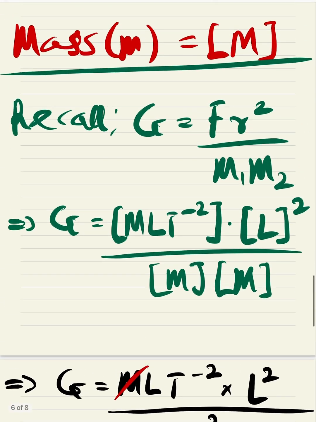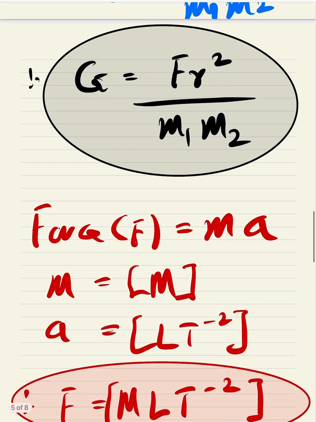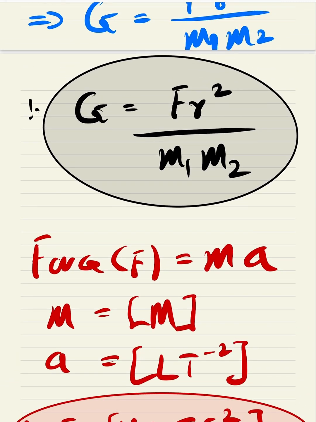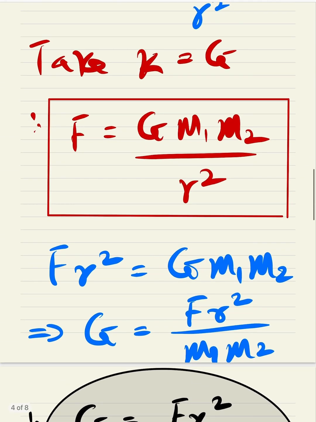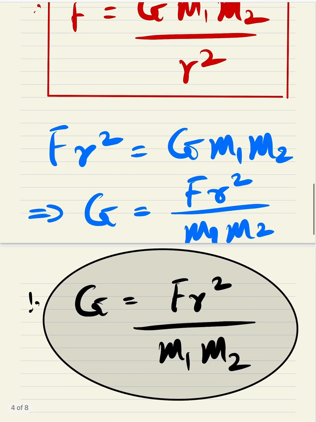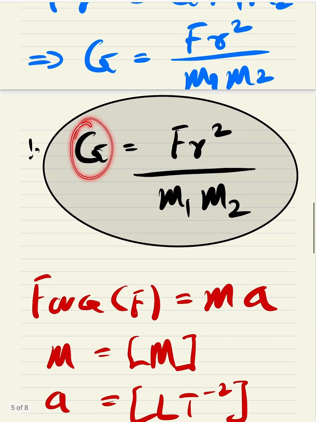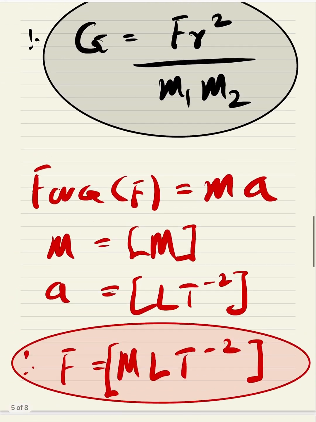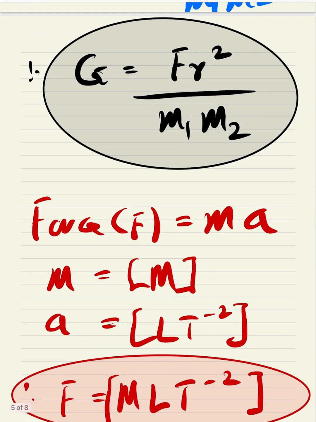Once you get to this formula, what is the formula that I want to find? Here you are looking for the G, right? Then you make the G the subject of the formula. Then you look for the dimensions of each of the quantities you are seeing here.